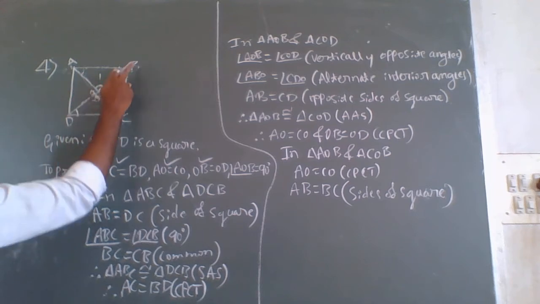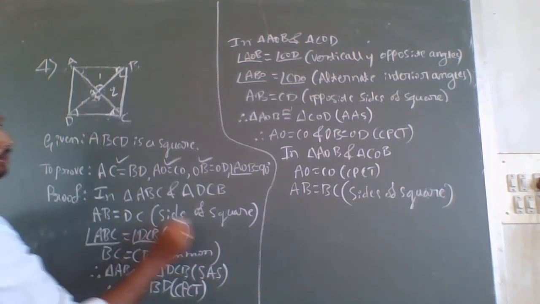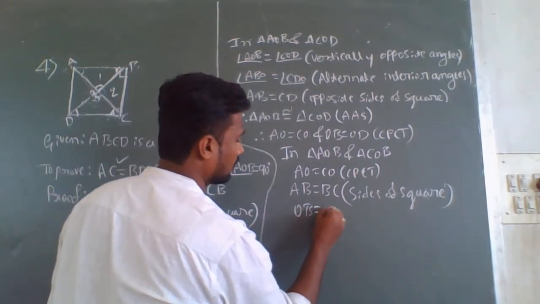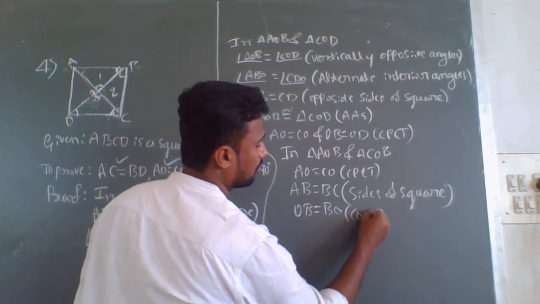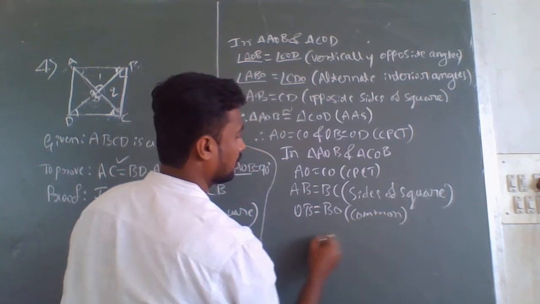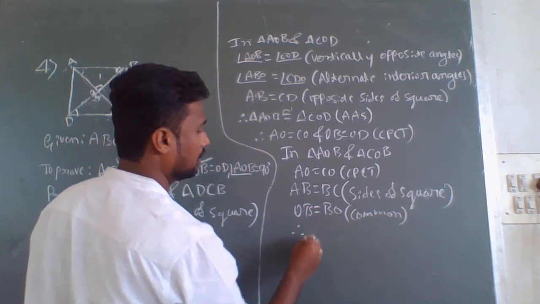In triangles AOB and BOC, OB is common. Therefore here I will write OB is equal to OB, or BO, because this is common in both triangles. Therefore, what can you write here?